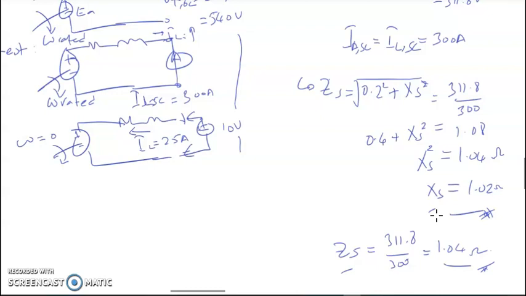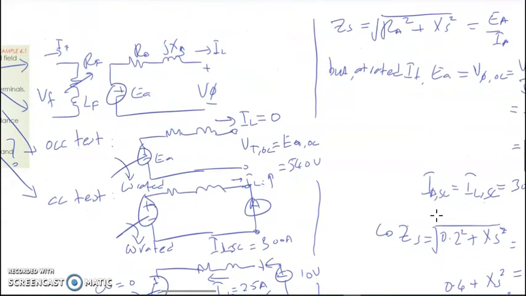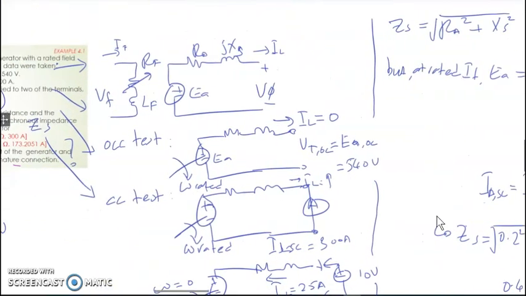So we can put all the parameters back into our main circuit that we drew just now. We have RA, XS, and also ZS. So that's done for all the parameters involved in our system, and we can write them down here: 0.2, 1.02, and all the parameters should be written out.